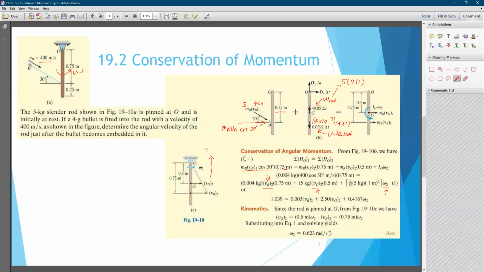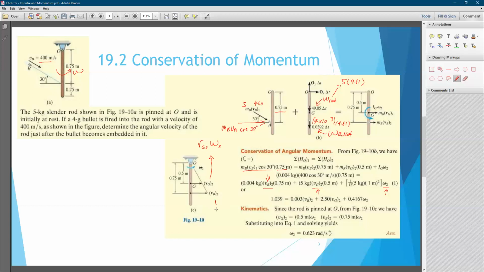For this, VG2 is just R, sorry, R GO times omega 2.